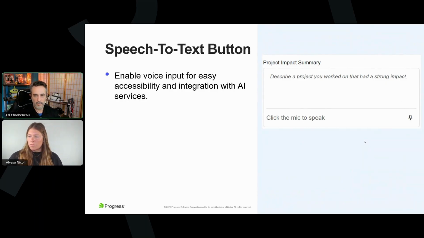A little note about the speech-to-text button. This actually leverages a native browser feature. You can integrate this with multimodal large language models as well through a little bit of customization with our interfaces, but out of the box, you don't need AI to use the speech-to-text button.